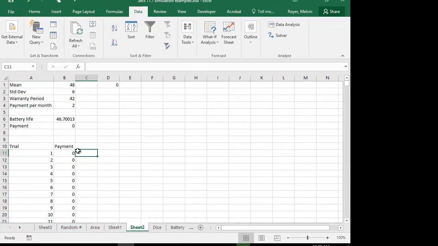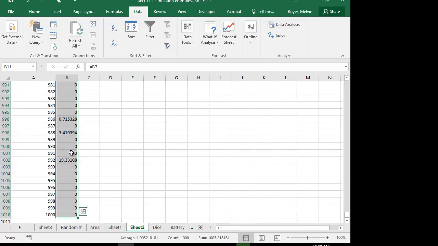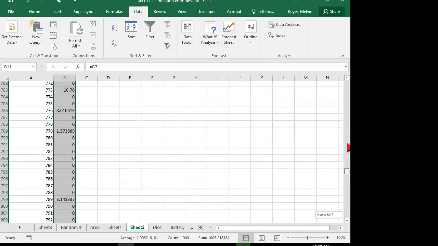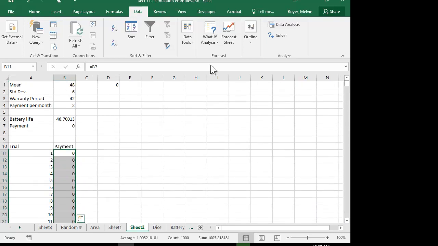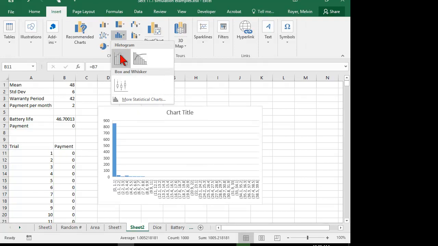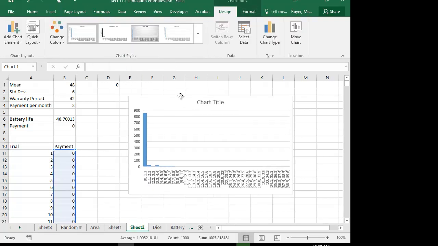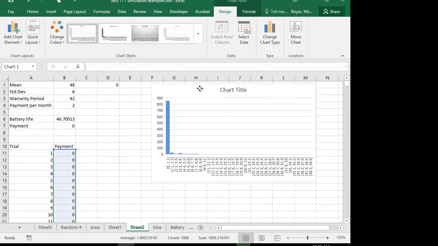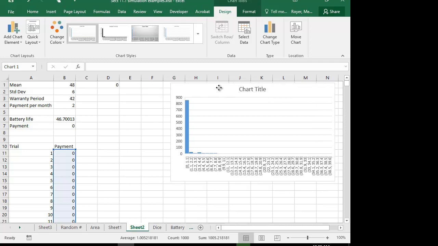The first part of the question asks me to generate a histogram. So I'm going to highlight the column of the payments and insert a histogram. So this should be comforting to the company. Notice, as we expected, the vast majority of warranty payments are small, less than 1.